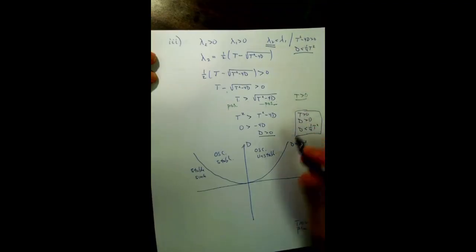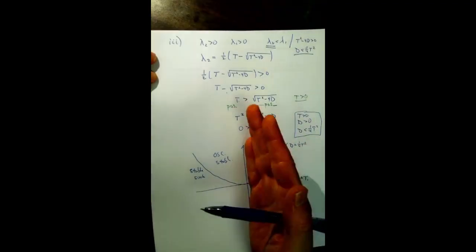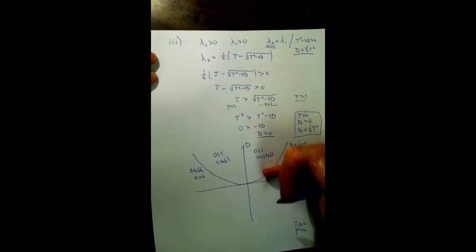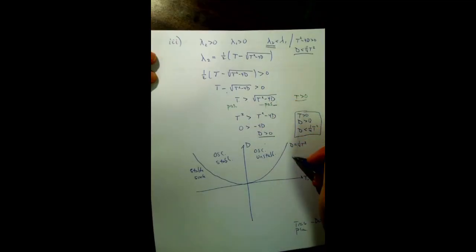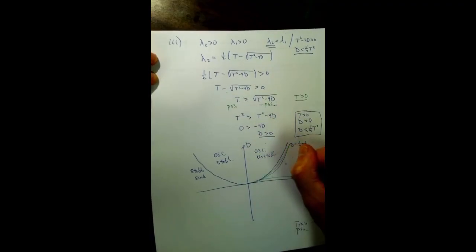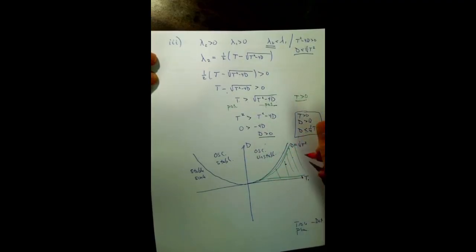And now, if t is greater than 0, we're to the right. If d is greater than 0, we're above. So it's somewhere in d, here or here. But I know that for any point in here, d has to be less than 1/4 t squared. So this region is in here. And we know this is going to be unstable. Both eigenvalues are positive. So it's going to be a source.